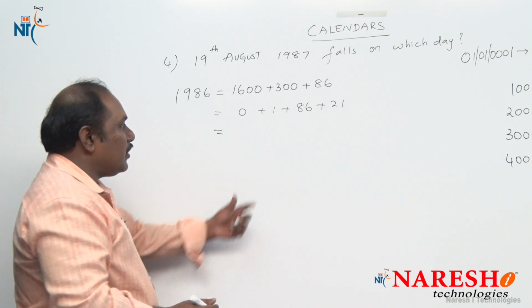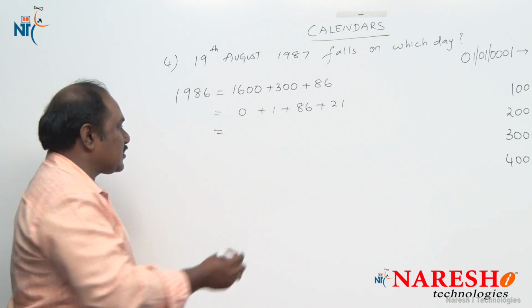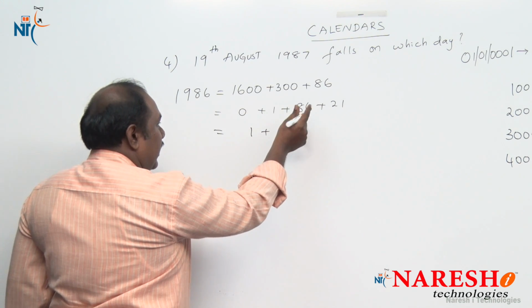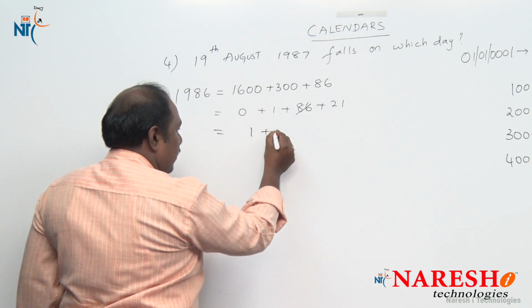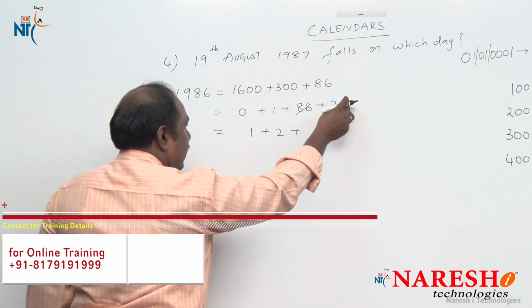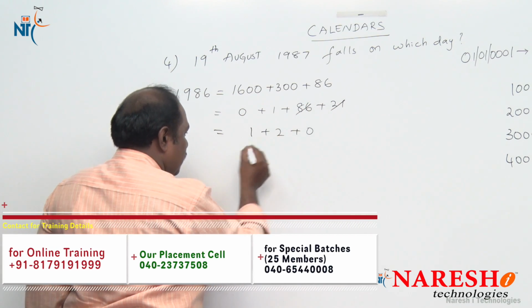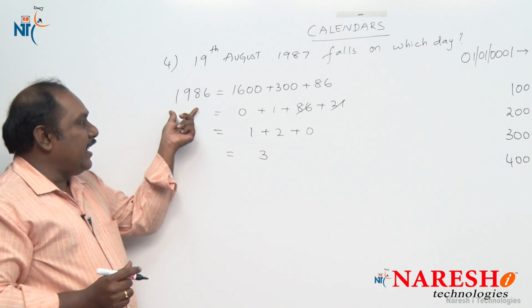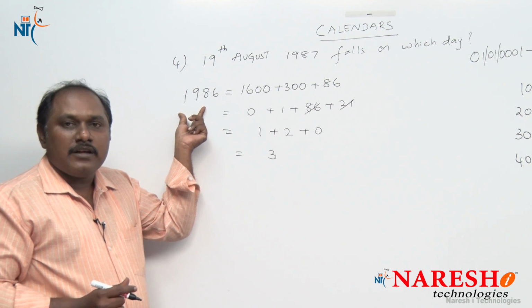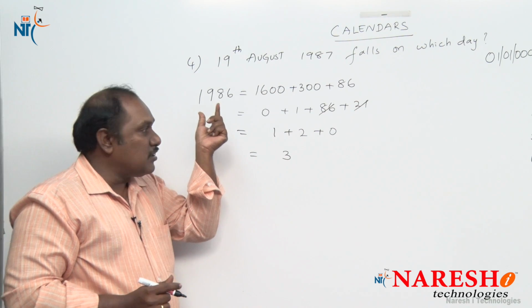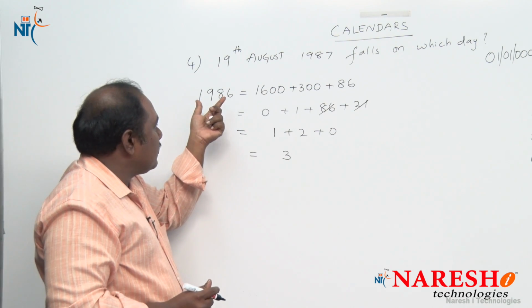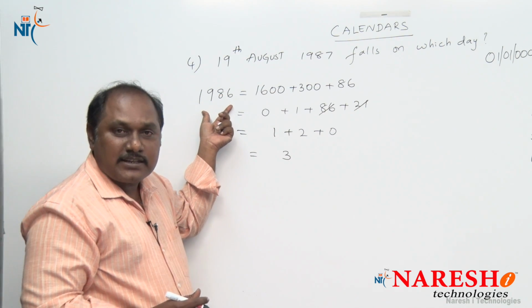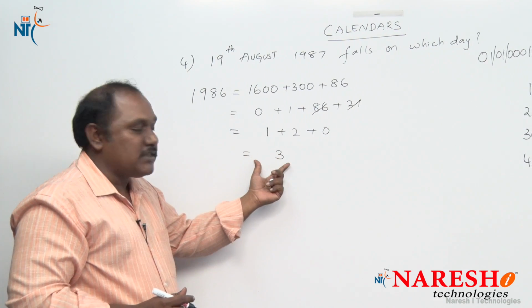Now divide by 7 and add the remainders. 1. If I divide 86 by 7, the remainder will be 2. If I divide 21 by 7, the remainder is 0. So odd days are 3. So till the year 1986, we have 3 odd days. So according to the calendar, 31st December 1986 should fall on Wednesday.